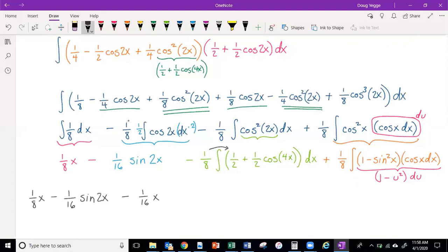And now I'm saying minus, I'm going to take that 1/8 and 1/2 and just write this next integral here as minus 1/16 times the integral of cosine of 4x dx.